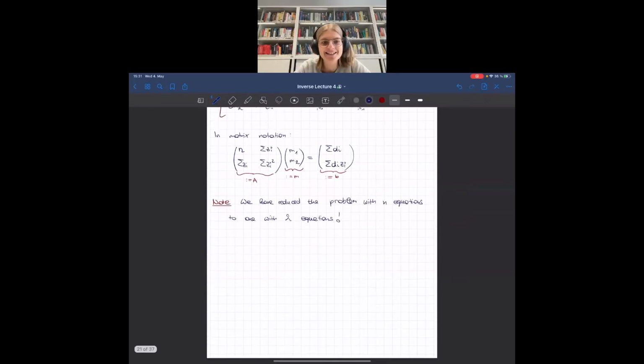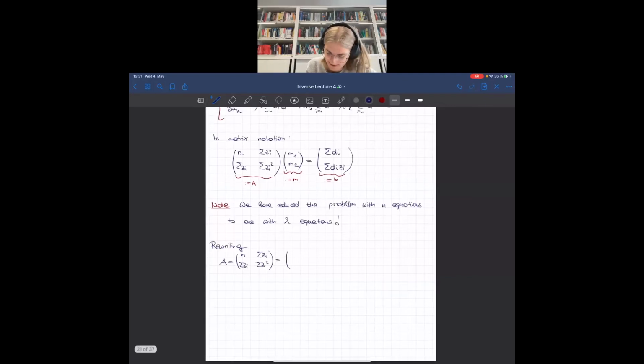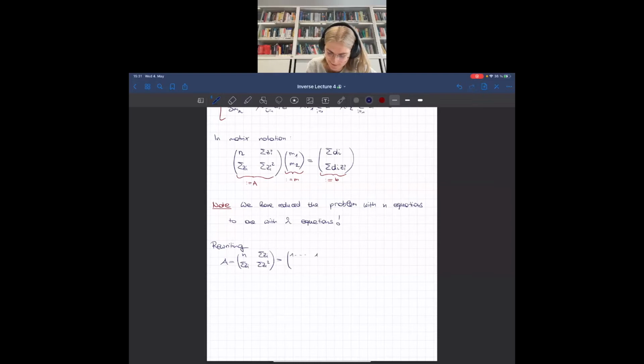But there's something else I'd like you to note. We do some rewriting next. So the matrix A, which we defined as this thing here, can be rewritten if you look closely into ones, then zi, zn, and the same thing transposed.